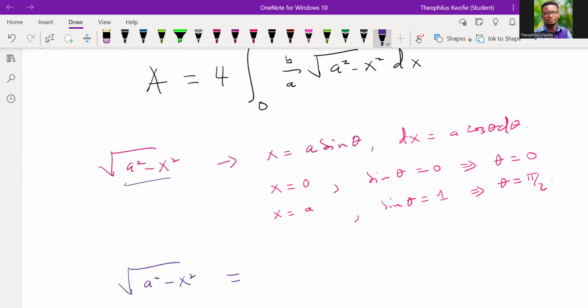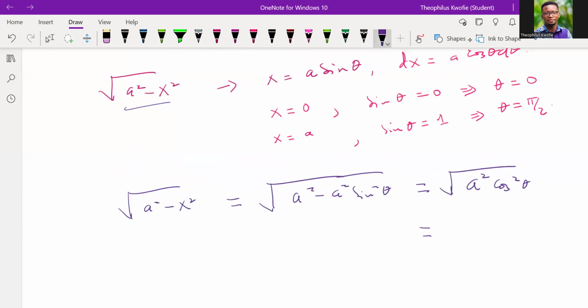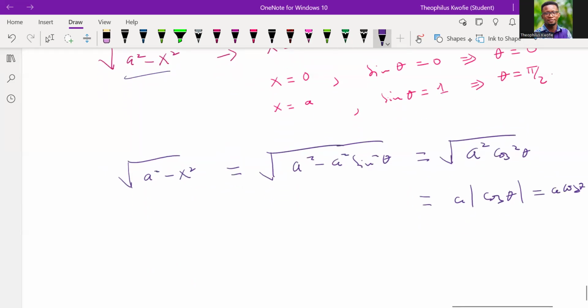And when you simplify this a bit, you should have something like this, and when we also do some arithmetic, we should be able to have this. Good, good, good. So let's get going. But just bear in mind that, just like the way we solved previous problems, we also move from the x community to the theta community. All right. Good.